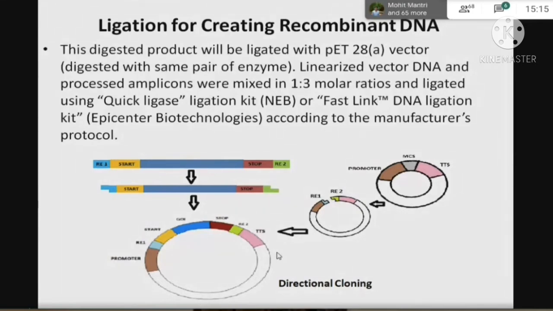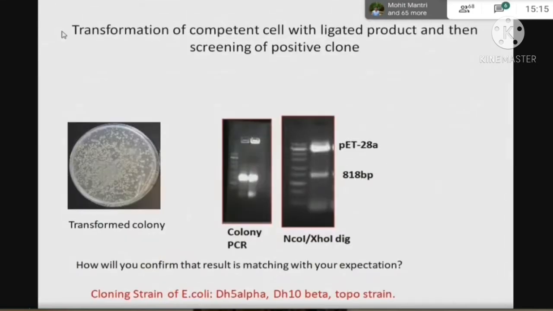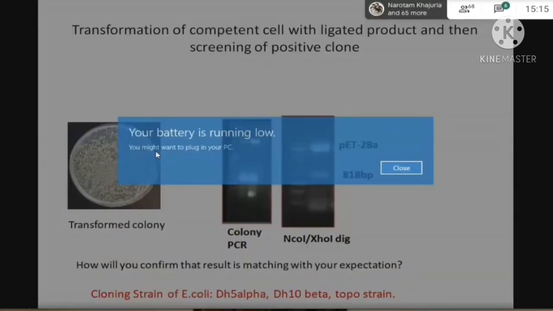So after ligation, what do we do? We do transformation. After transformation of the ligated product, we will see this type of colonies, the transformed colonies.